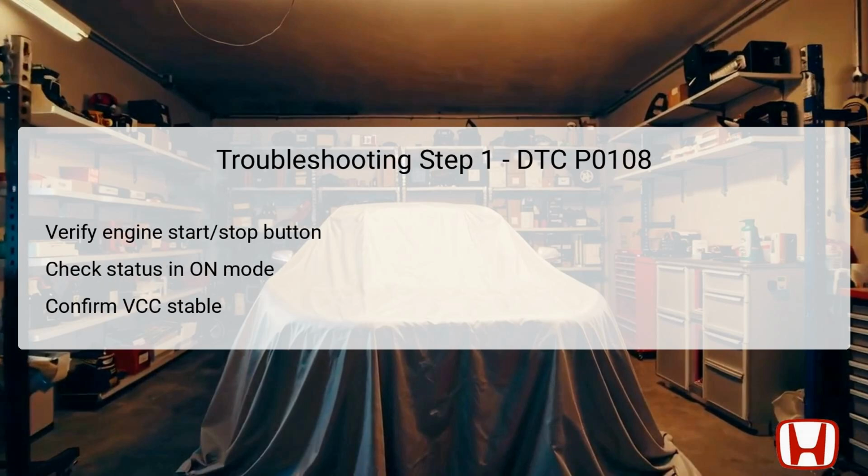The first troubleshooting step related to DTC P0108 involves verifying the engine's start-stop button's functionality and ensuring the vehicle is in the on mode. This step is critical as the MAP sensor function is directly connected to the power buildup during engine operation.